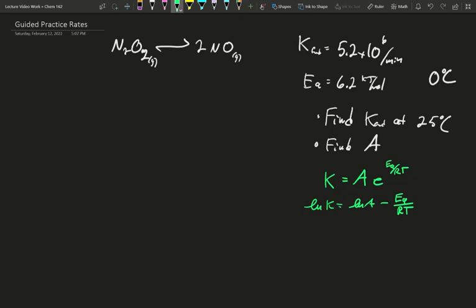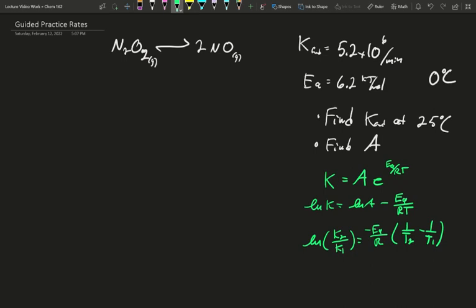When we relate two different temperature values for this, though, we can get an equation that says that the natural log of k2 over k1 is equal to the negative activation energy over R times the difference of the reciprocals in the temp, 1 over T2 minus 1 over T1.